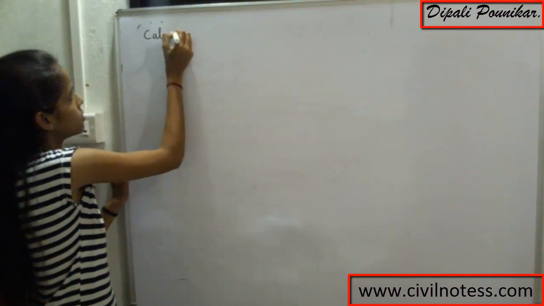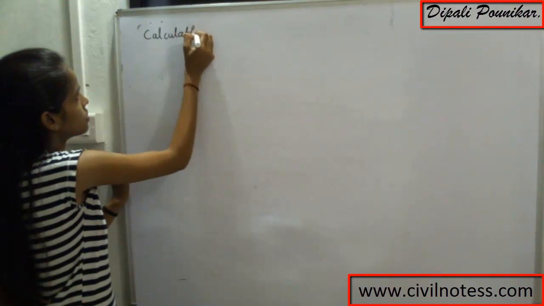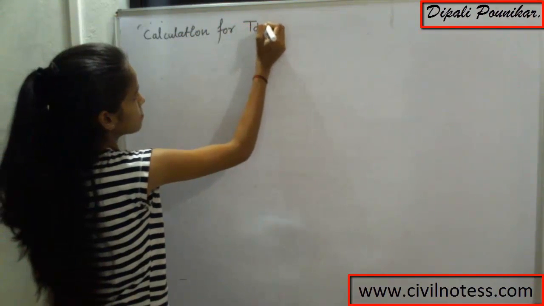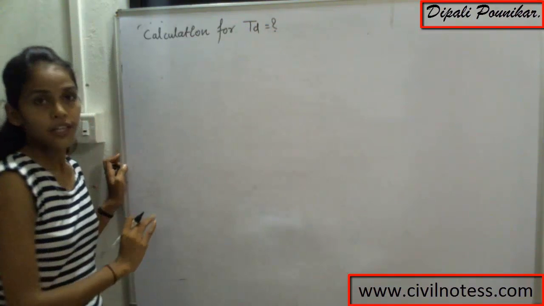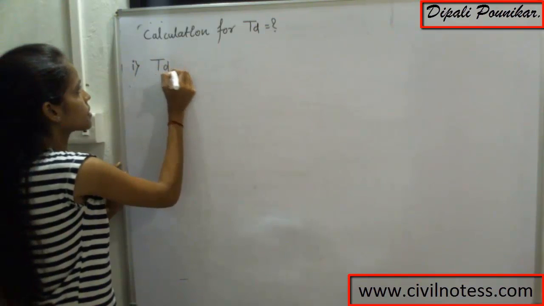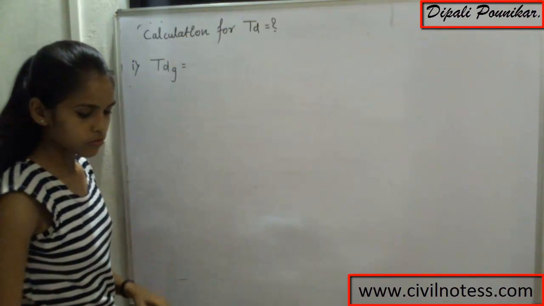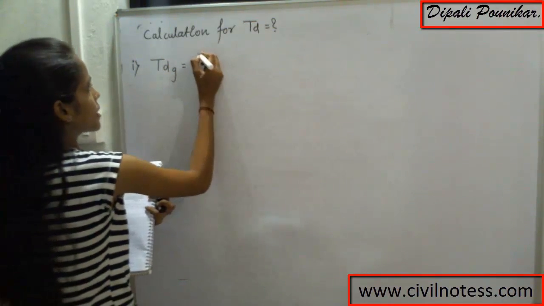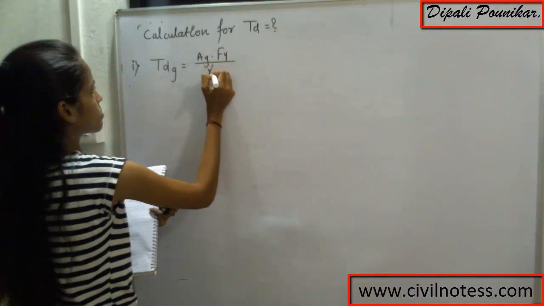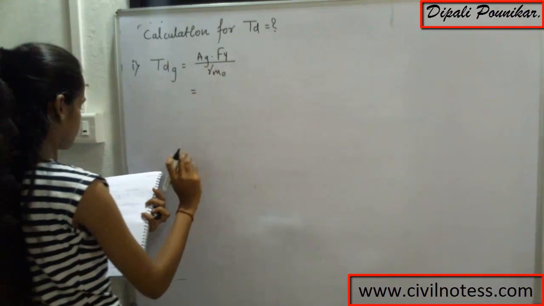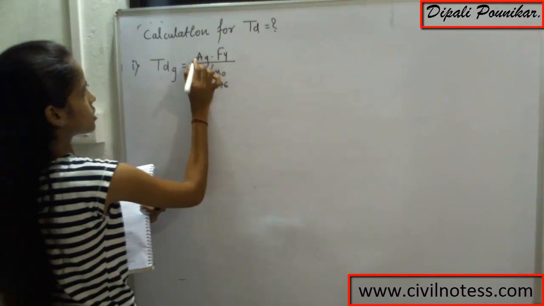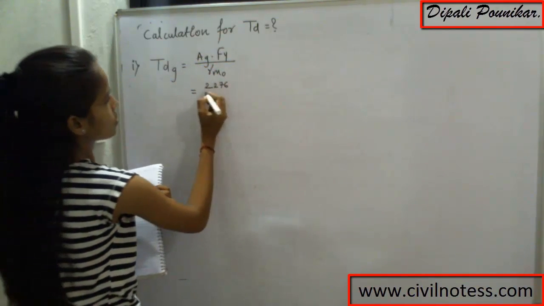Calculation for TD. The first formula for calculation of TD is TDG equals AG into Fy upon gamma m0. AG is 2276, for the two angle section.